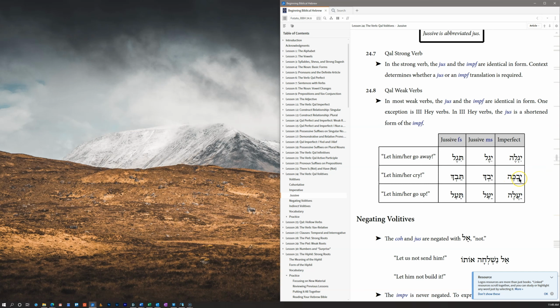If I want to express this as a command, cry, a direct command where I'm actually talking to the person that I want to cry, then I would use a second person imperative, and that would be something like, I guess it'd be bakot.